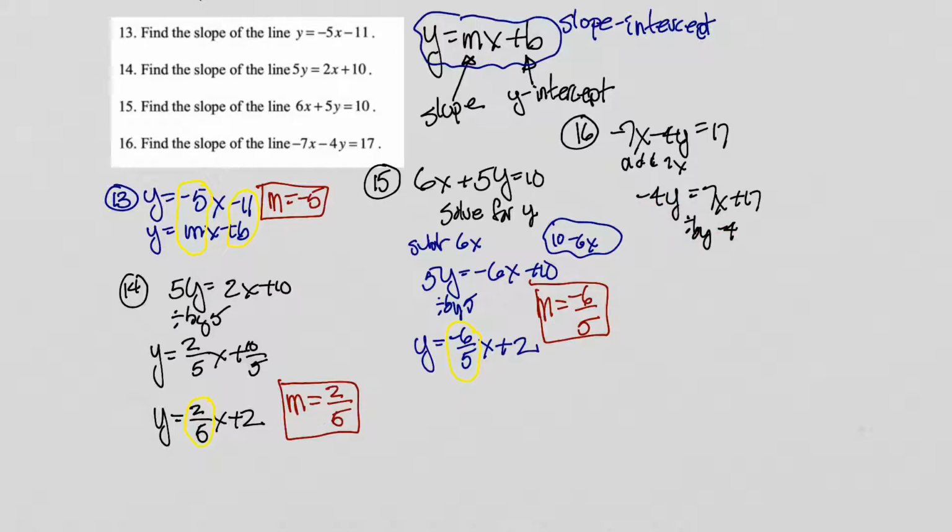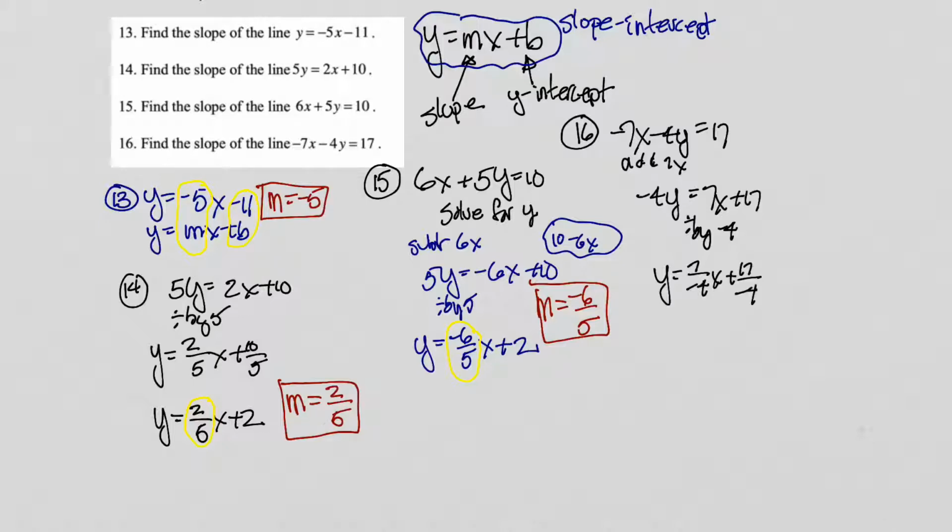Now I'm going to divide every individual term. It will look like this. Y equals 7 over negative 4x plus 17 over negative 4. But I'm going to make a change while I'm here. Typically, when you see a fraction and a negative sign in it, you want that negative sign on the top.